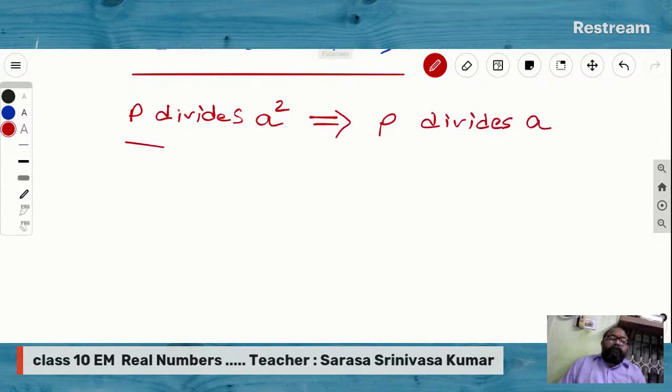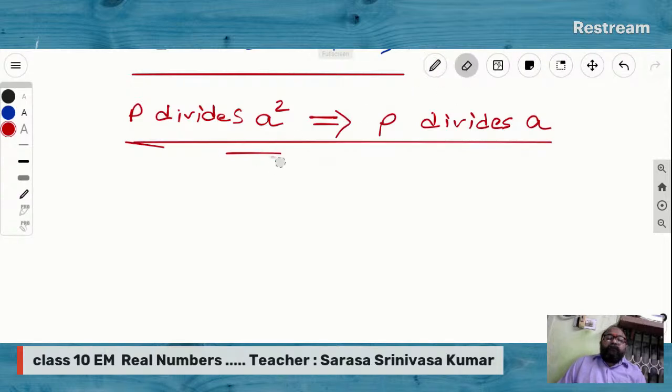This is a very important result, and we use this result in proving some problems. Now we consider some problems, and these problems are very important from the examination point of view.